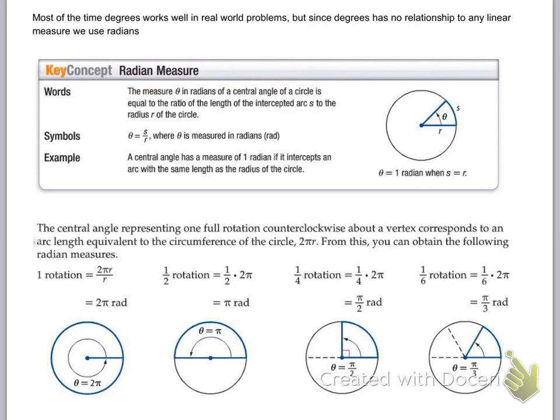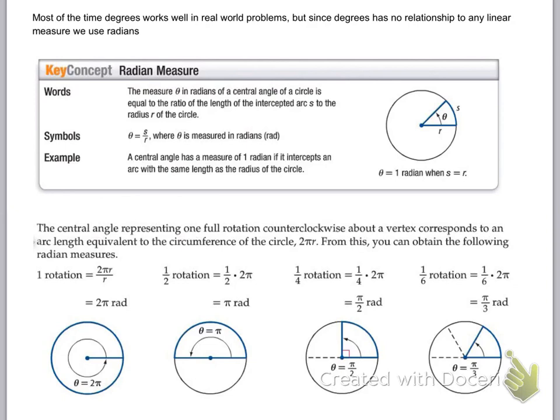So in a full rotation, there's about 6.28 and some change radians, which is different than 360 degrees. We will have to use both, get used to both. There are some things here. Central angle represents 1 full rotation. So if you divide 2 pi r by r, you get 2 pi, like I just said.